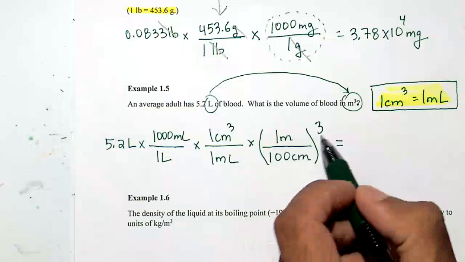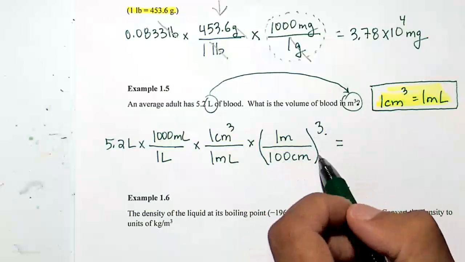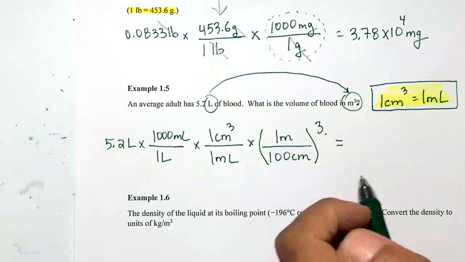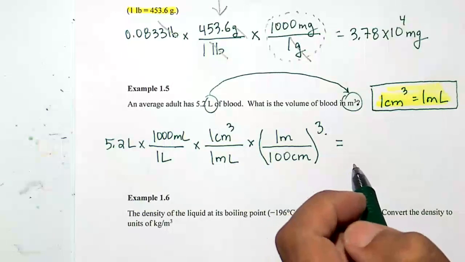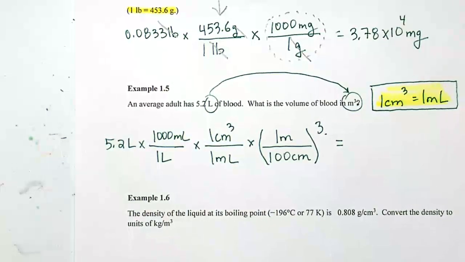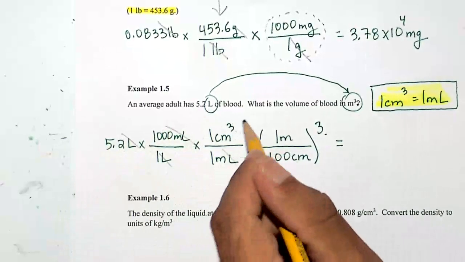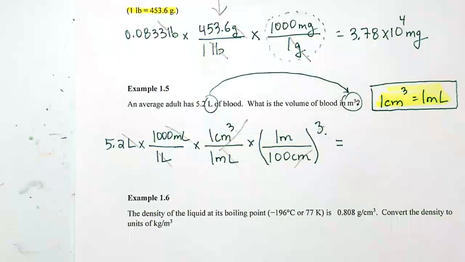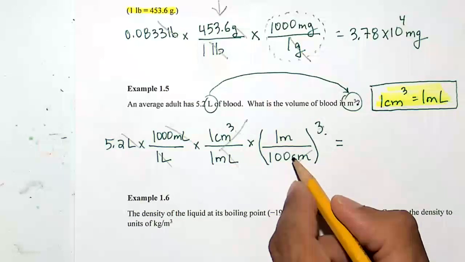So what should I do with this 100? Cube it, meaning 100 times 100 times 100. That's what we need to do in our calculator. Our units are liters, liters, mils, mils, centimeter cubed, and then I'm left with meters cubed.